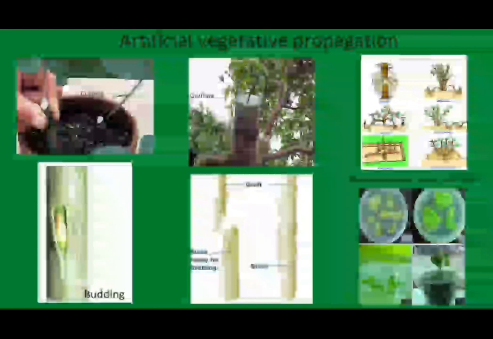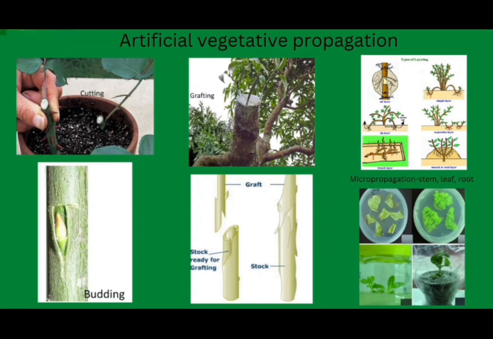Artificial vegetative propagation refers to the artificial development of new plants by means of human intervention. Cutting: a part of the stem is cut and grows into a new plant.